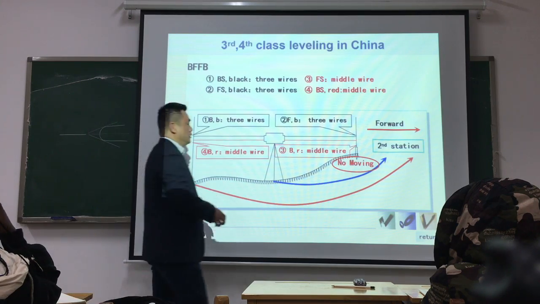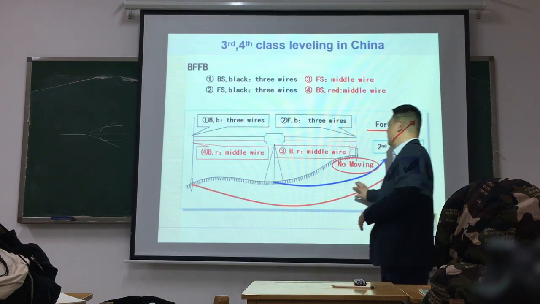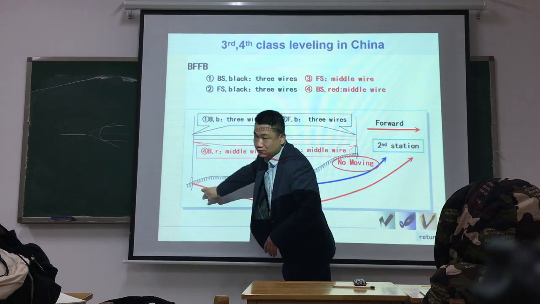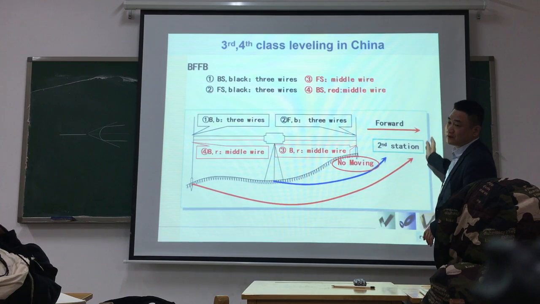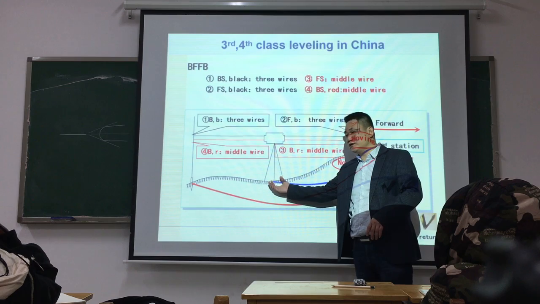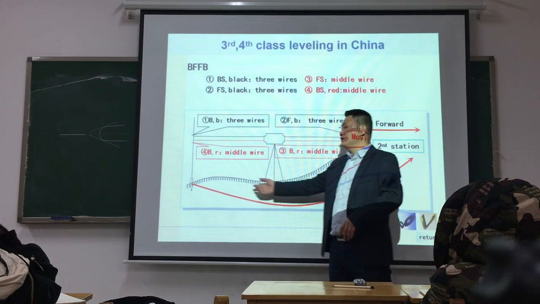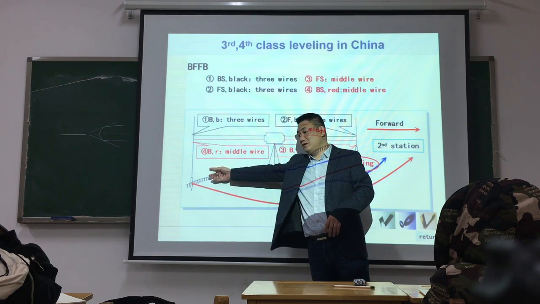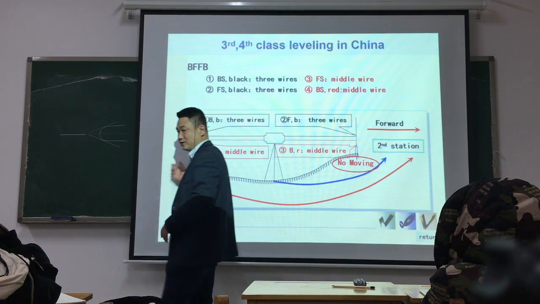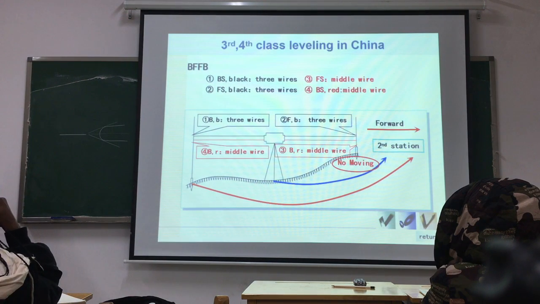Then we move the instrument to the second station, and move the backsight rod to be the second station's foresight rod. And we said yesterday, when you move the instrument, never lock it back. Just move. In this position, no moving for the foresight support.